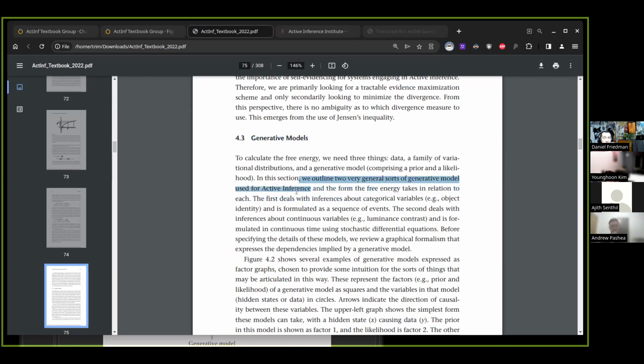The book is going to return and continue to juxtapose and contrast two major architectural decisions that are made for dynamical models. Not all models are dynamical. Not all models involve something changing through time. But in general, when you are modeling something that's changing through time, you can either have a continuous time model or a discrete time model. Discretization sometimes still has to come into play for continuous models.